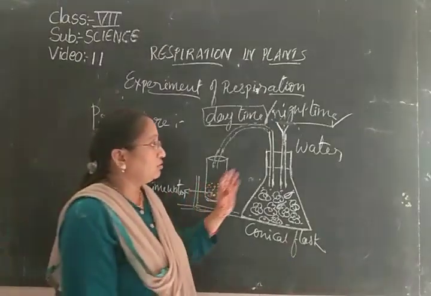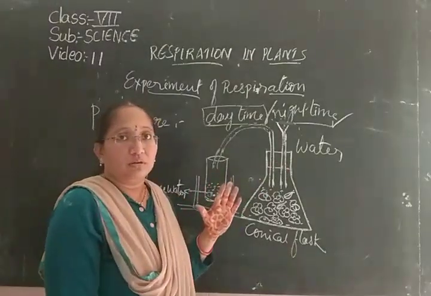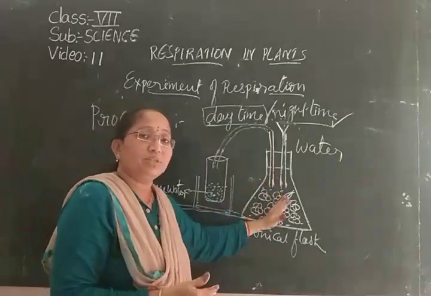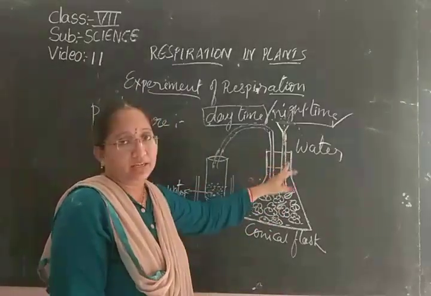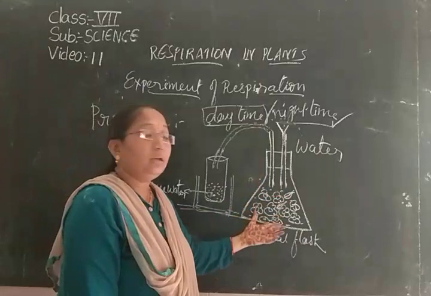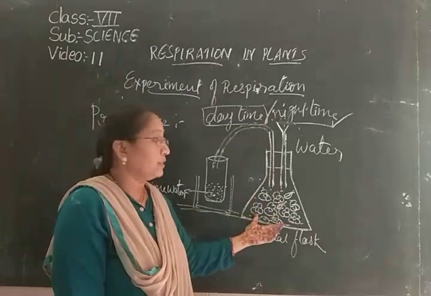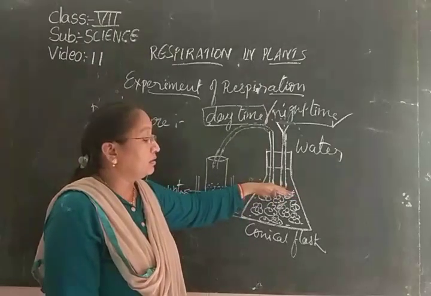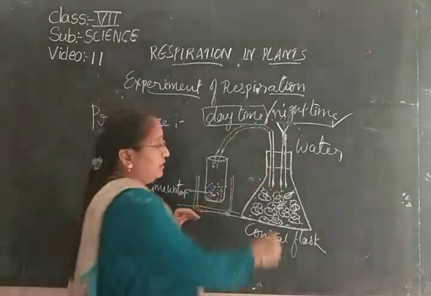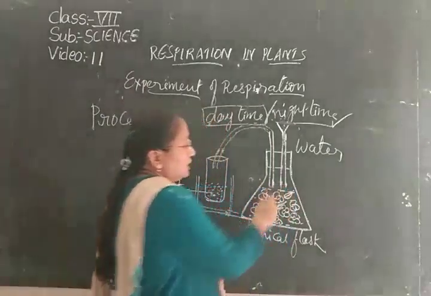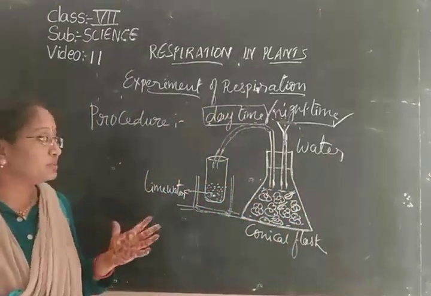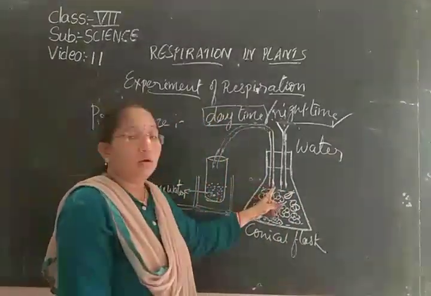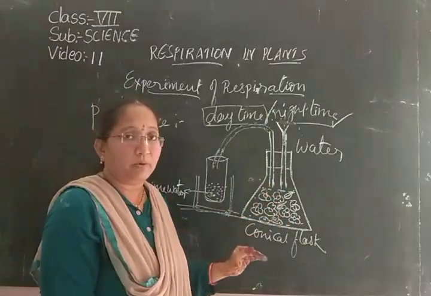Now I forgot to add water. So get it back, put some water through the funnel and fill the conical flask. Okay? Now you should not fill it to the brim, only to this level, so that the tubes may not touch the water, or even if they touch the water, no problem.